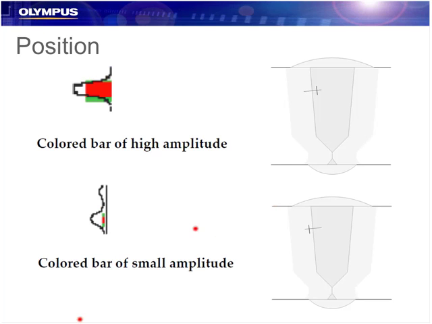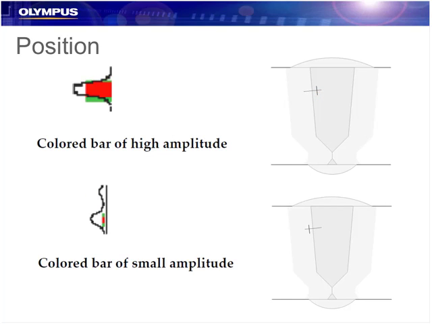Just another example of how we use the quick information in the zones. So if we have a colored bar of high amplitude, like in this case, we're basically getting that information that that indication is on the far side of the zone. So here, if this is our gate centered on the bevel, by having a high bar, I can quickly look at a zone and know that it's on the far side of that zone.